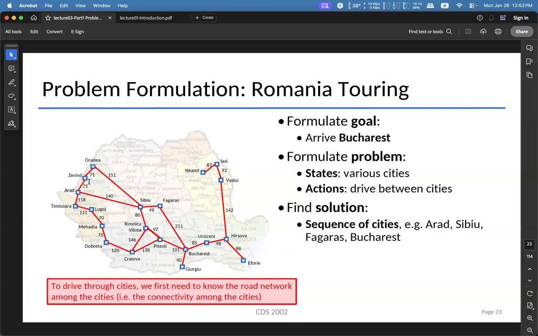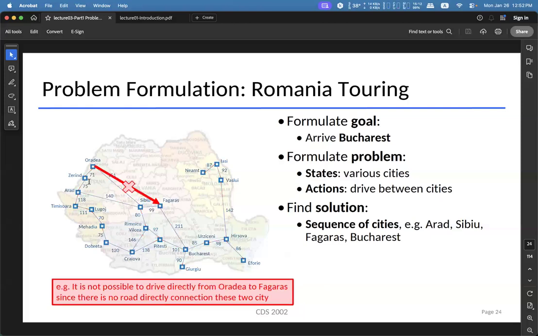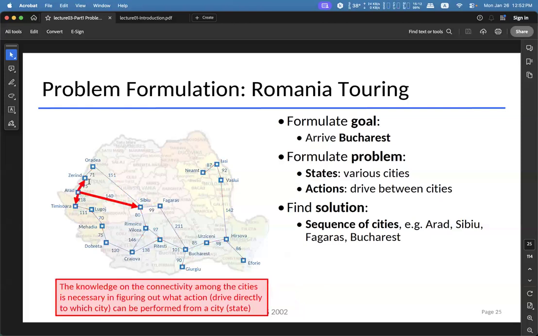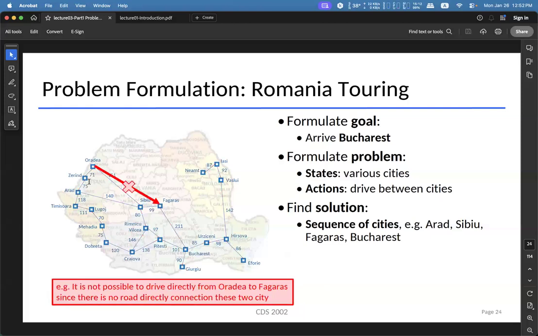Sometimes, when you are building a graph like this, you will also need to conform with reality. For example, if there is no line that goes from Odairus to Pythagoras, I remember the pronunciation of these two words.